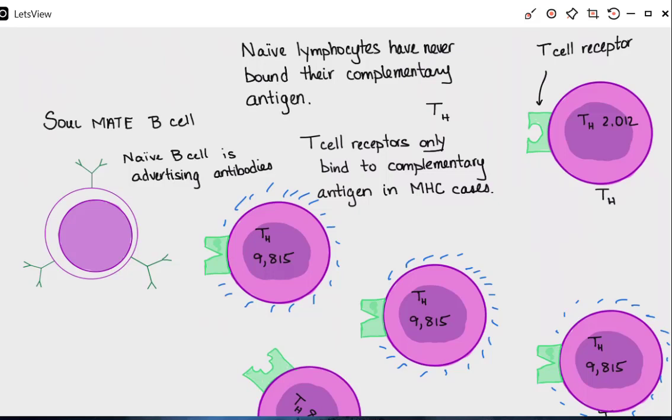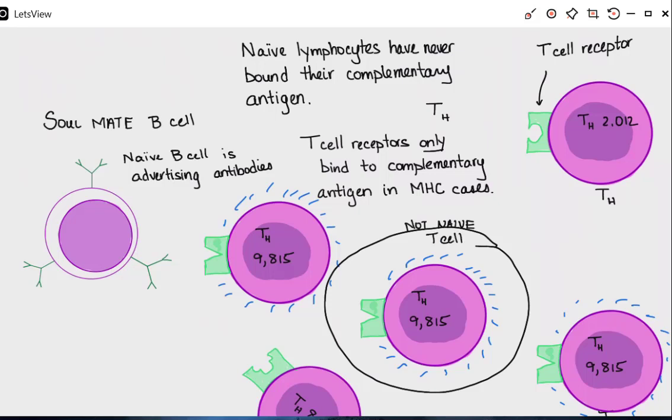So in fact, these helper T cells, when they're activated, because they were able to bind to the antigen in the macrophage, they're no longer naive. This is not a naive T cell. But this one is.